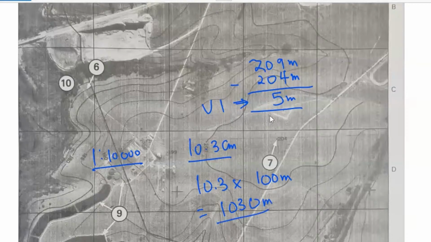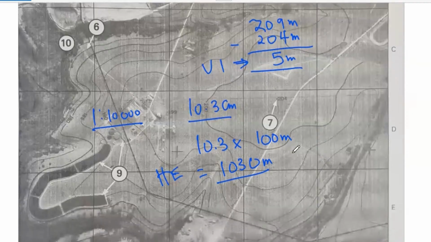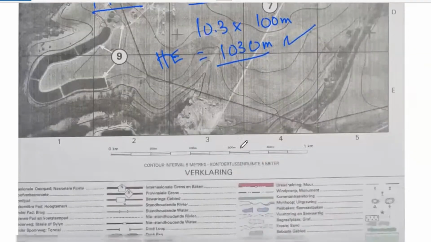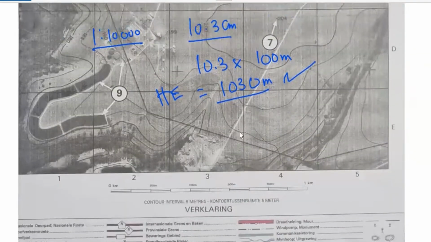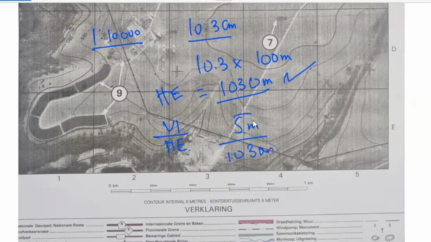So this is now our horizontal equivalence. So with this value and this value here, we are now supposed to get back to our formula. Our formula is saying VI over HE. Our VI is in meters. Our HE is also in meters. We can create a fraction with 5 meters over 1,030 meters.